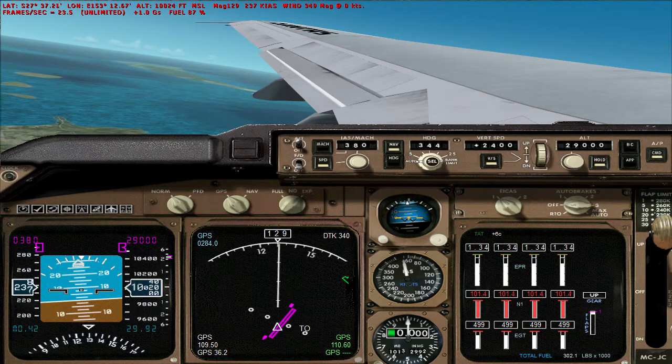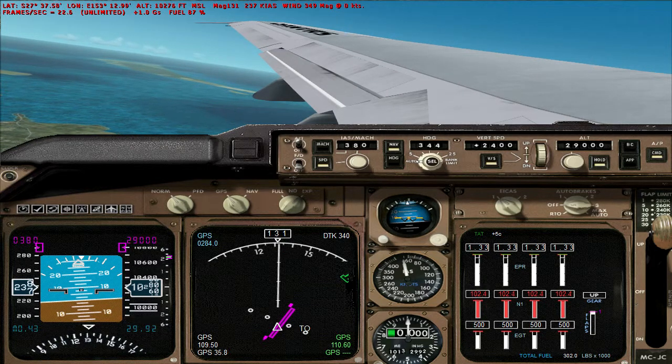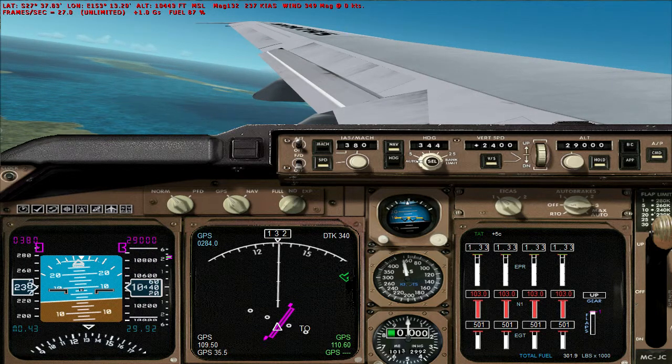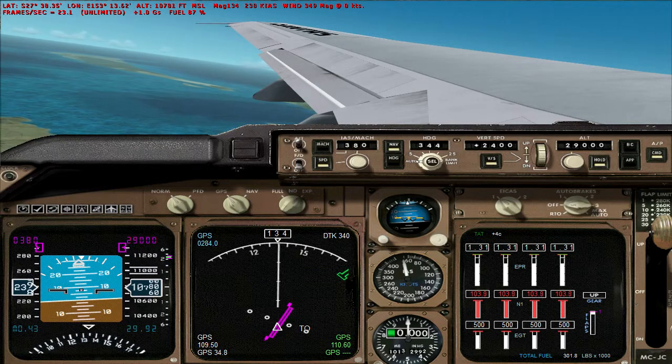The higher you fly, the thinner the air is, and therefore the lower the indicated airspeed is indicated. However, the ground speed is the speed that you are actually going relative to the ground, and that is quite a lot more than the airspeed.